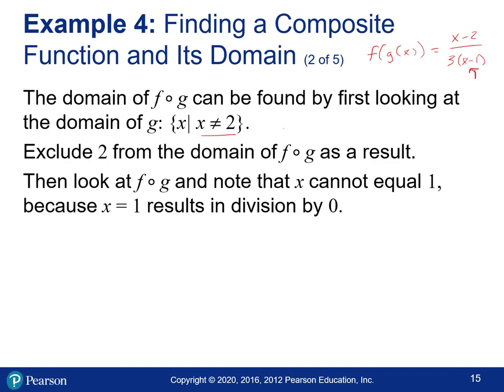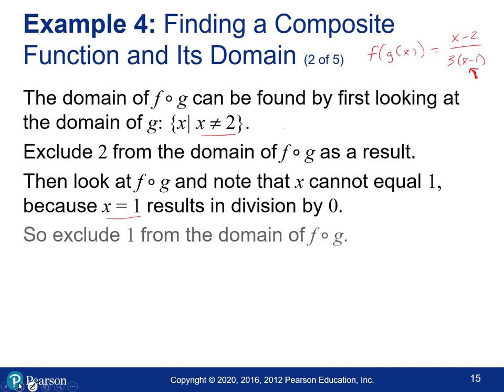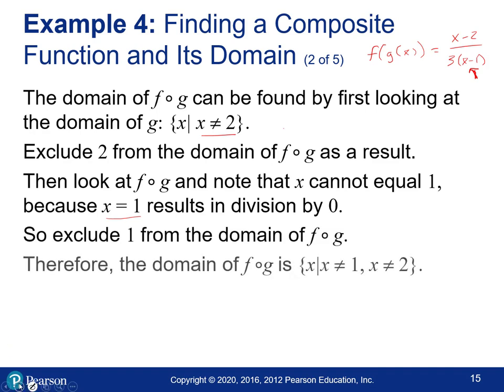If you plug 1 into this function, the bottom would be 0, so the whole thing is undefined. So now we can't plug 1 into the resulting function. Our final answer for the domain is that x can be any real number except 1 or 2.